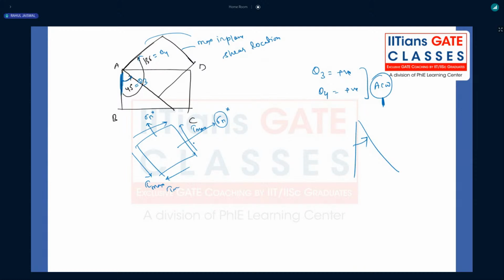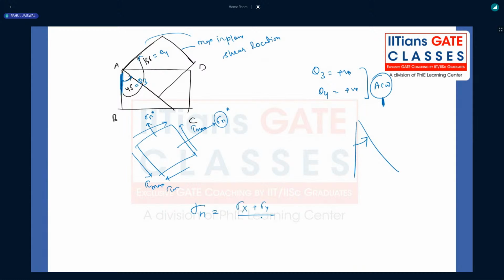Yes, anyone know that? See guys, whatever we have found out, we have found out theta 3 and theta 4 just by differentiating tau with respect to theta and equating it to 0. That doesn't mean that sigma n is zero. What is the formula for sigma n?